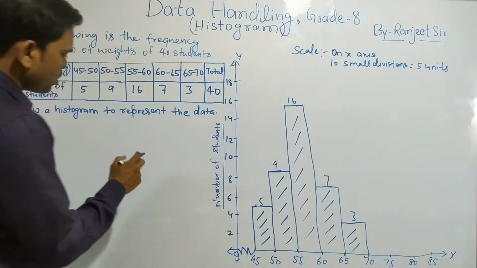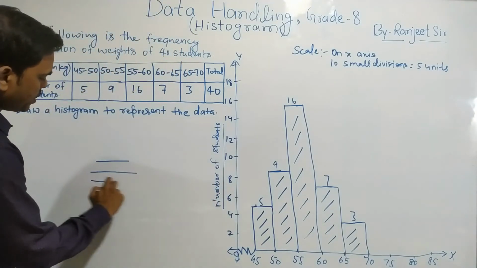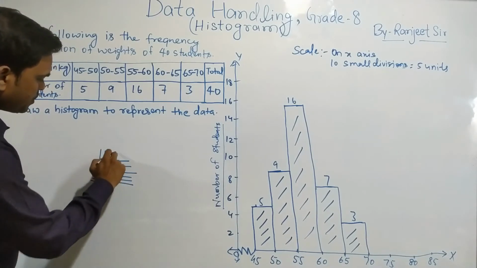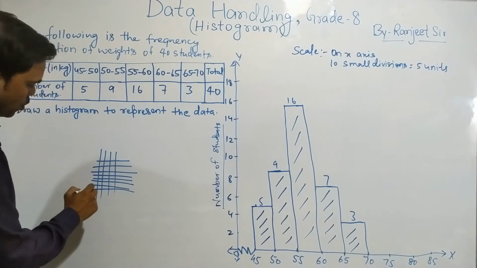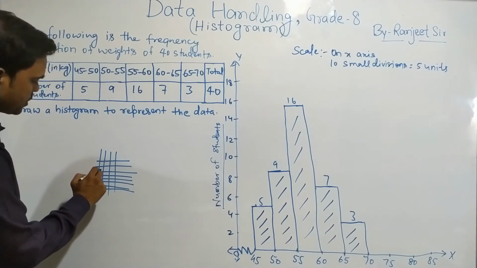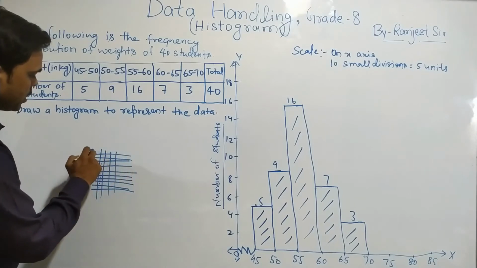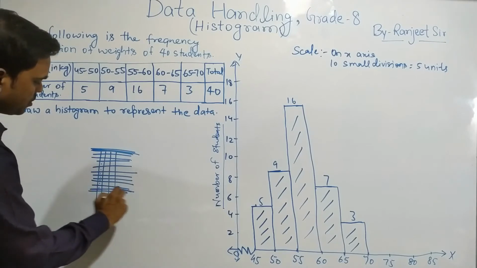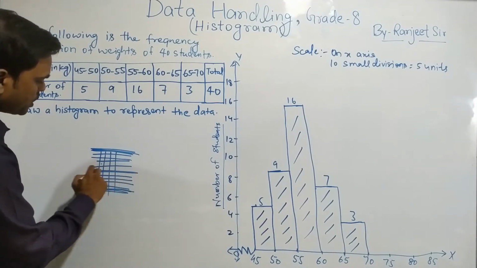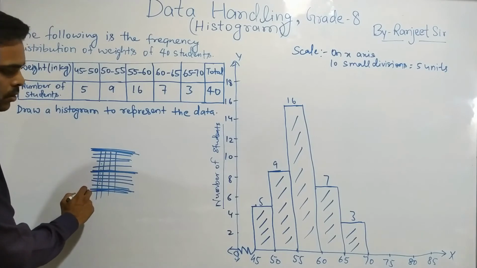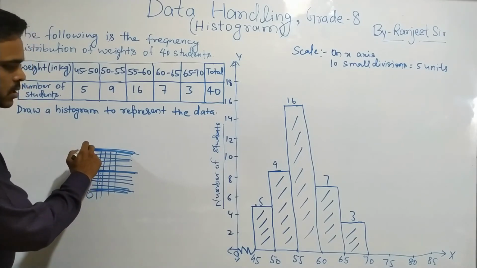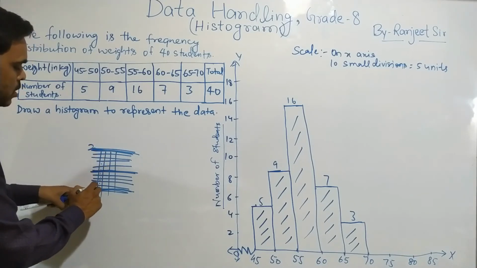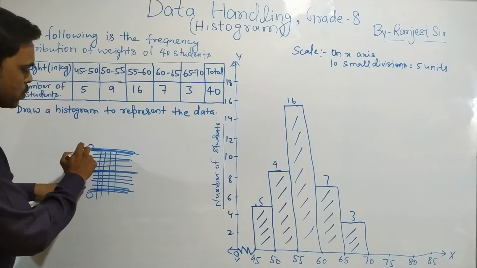On graph paper you find square-shaped boxes like this: 1, 2, 3, 4, 5, 6, 7, 8, 9 and 10. After each 10, you will find a darker line in the middle also. And if you are using this as 0 and this as 2, then on the y-axis you will write 10 small divisions equals 2 units.